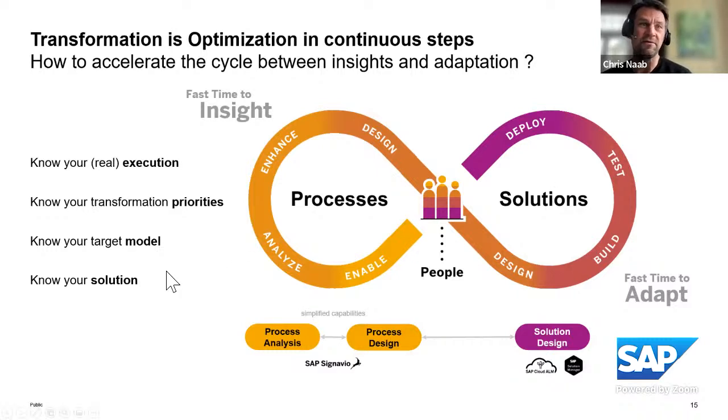And then ultimately, it's also about knowing the solution. So we start with analyzing processes, and that gives us an understanding where the bottlenecks are, where the improvement potential is. Perhaps a process analysis also helps us compare with peers or with other players in the industry. So to really understand what good looks like.